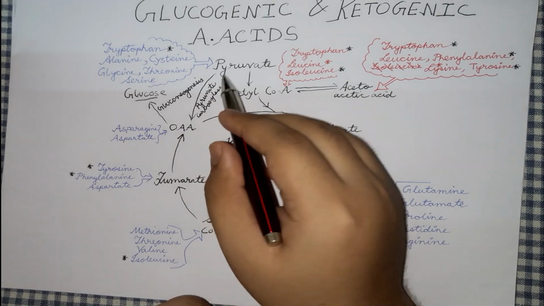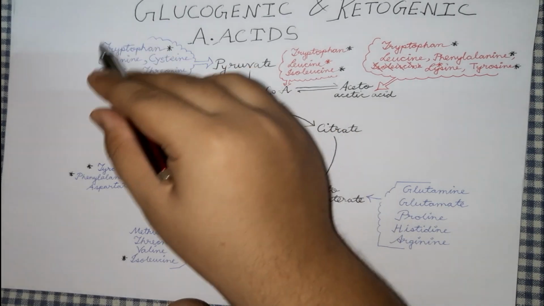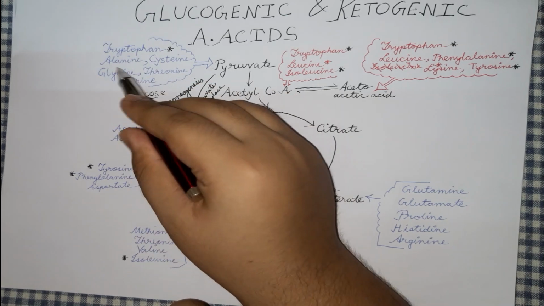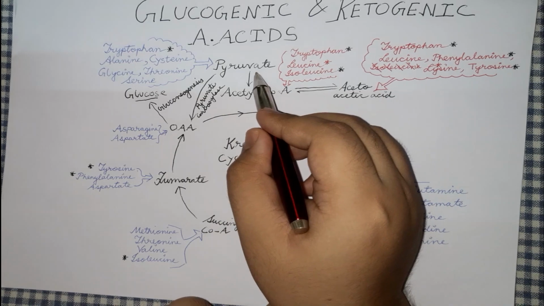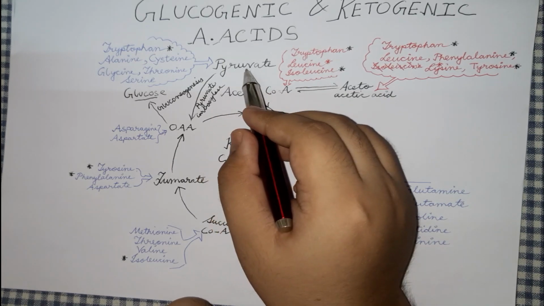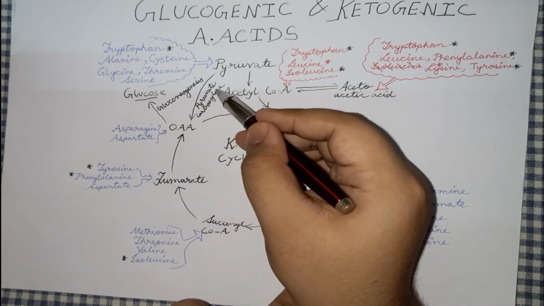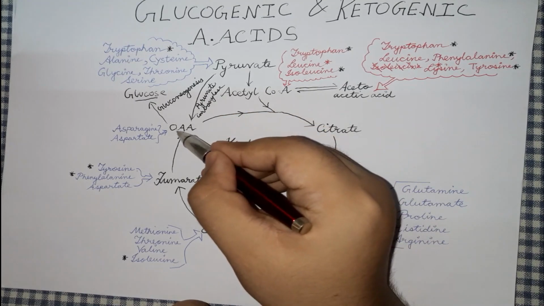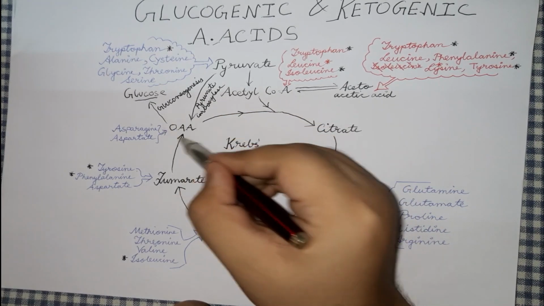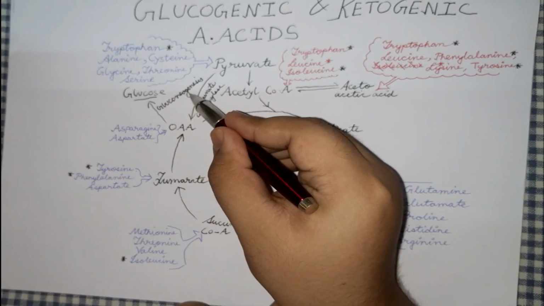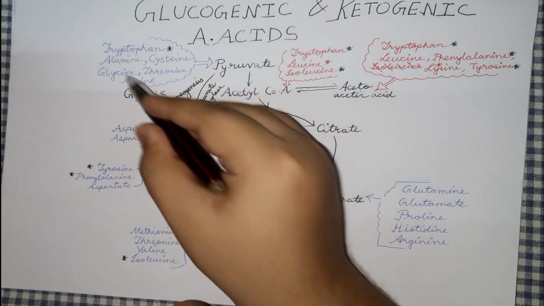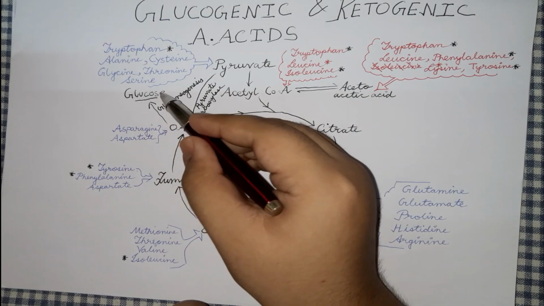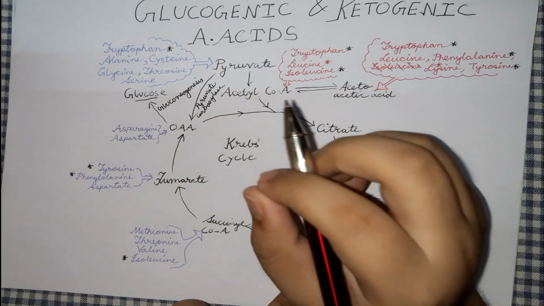It can be that the amino acid, for example tryptophan or alanine or cysteine, forms pyruvate at the end. But pyruvate in turn, by the enzyme pyruvate carboxylase, can convert into oxaloacetate, and that by the process of gluconeogenesis can form glucose. So these amino acids are all glucogenic amino acids.